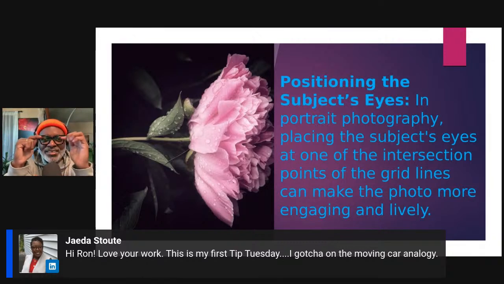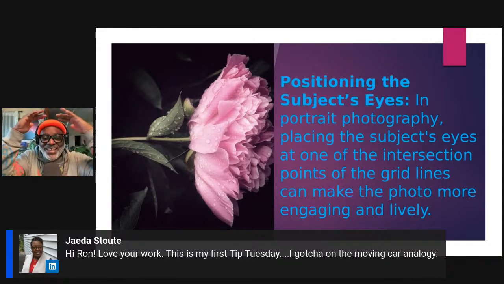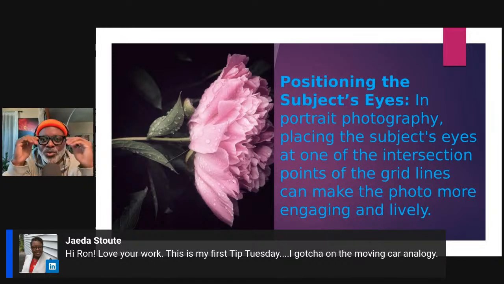You might have to step back, because some people may have an elongated head, so they're not going to get all the head in. But sometimes you don't want all of the head in there. You just want the eyes, which makes the photo more compelling. It makes you go into the soul of the individual.